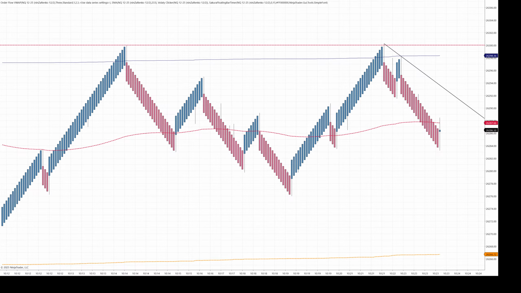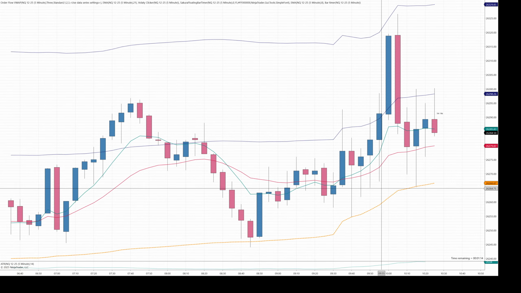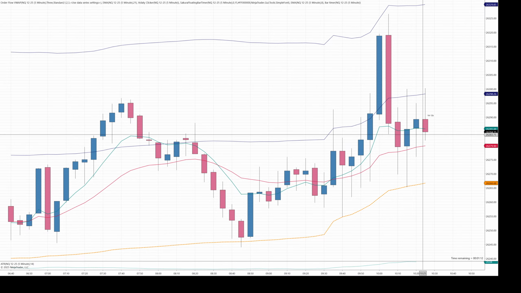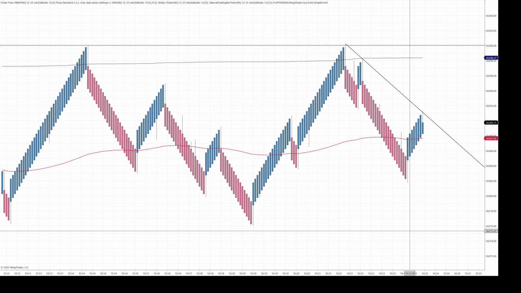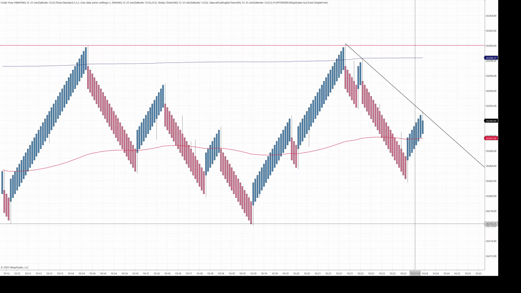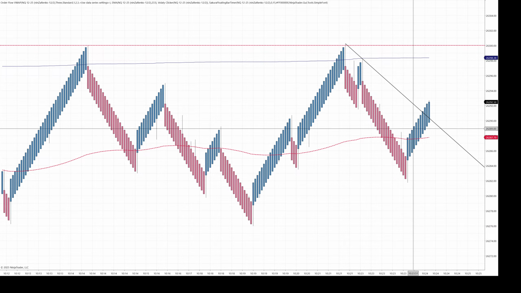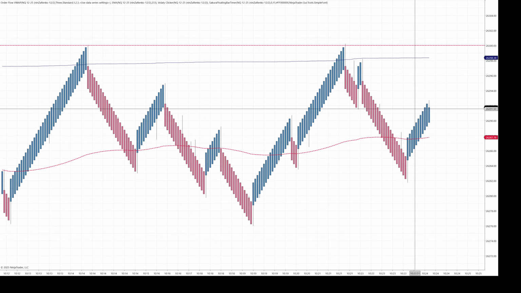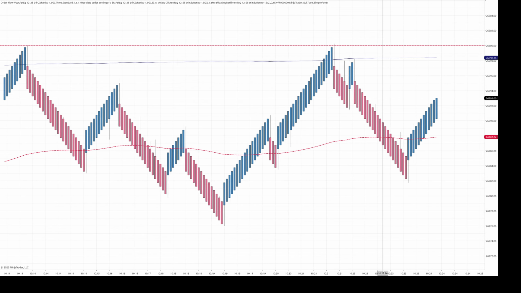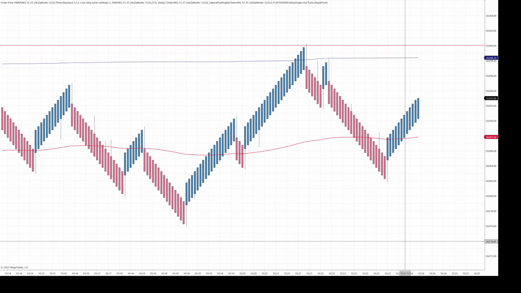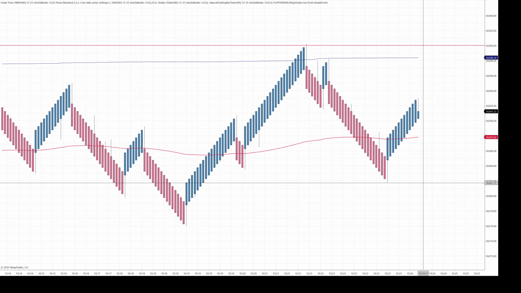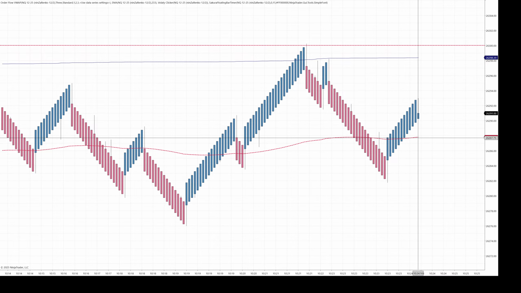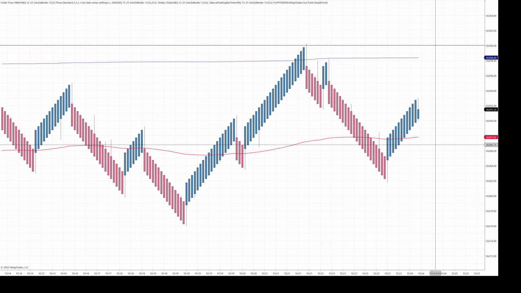And now we're back in this 5-minute sandwich between these two EMAs. Waiting for a potential bounce off T-line and go back up.